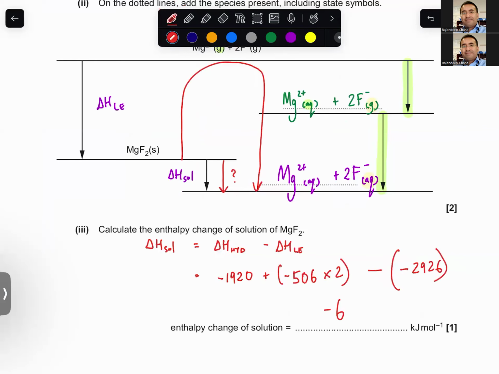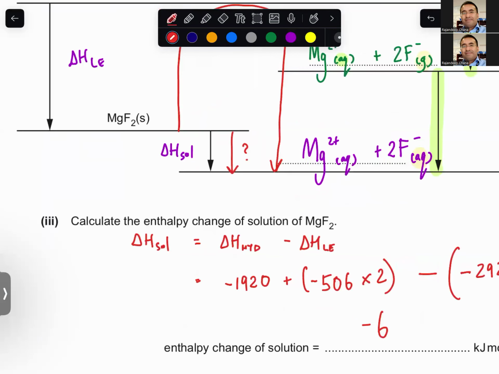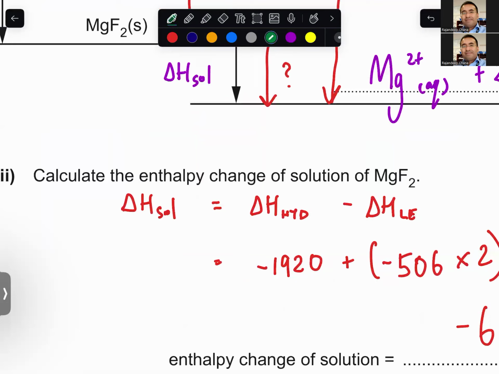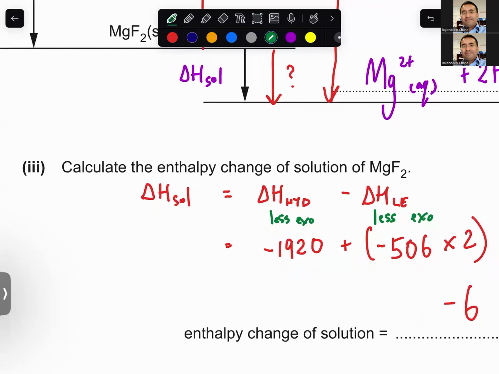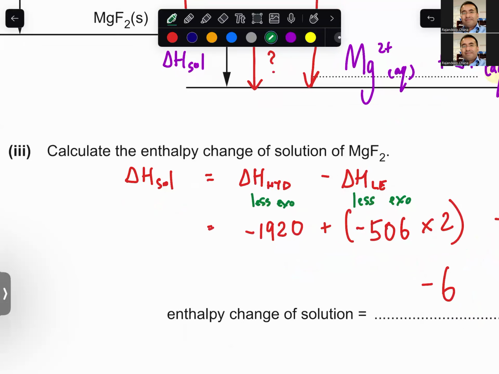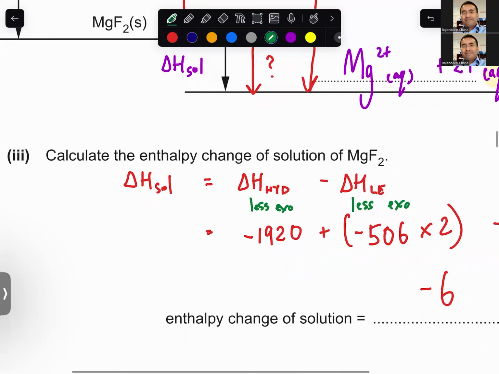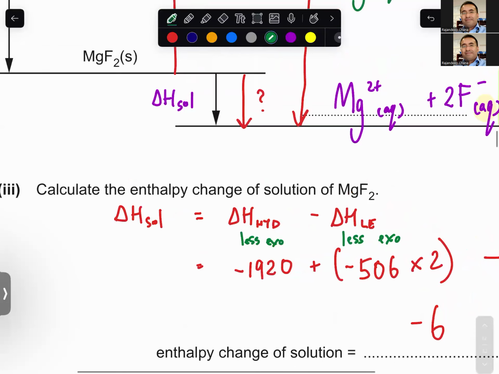If we're saying that the enthalpy change of hydration becomes less exothermic, and lattice enthalpy also becomes less exothermic, we don't know. It's difficult to predict what the change is. Actually, would it be helpful if we compare? We're trying to compare the effect on this versus the effect on this.